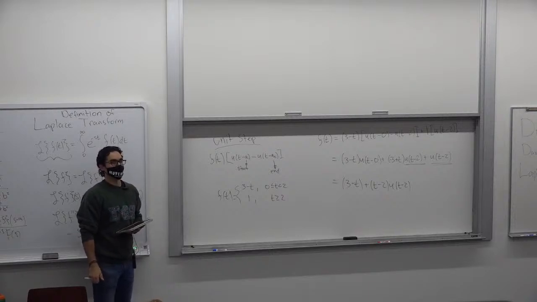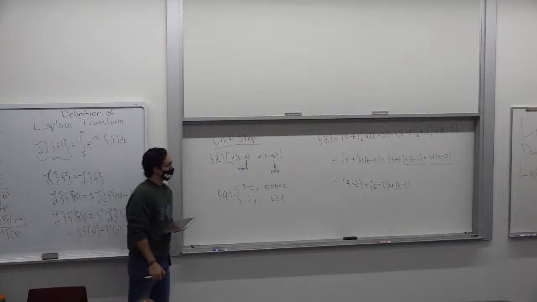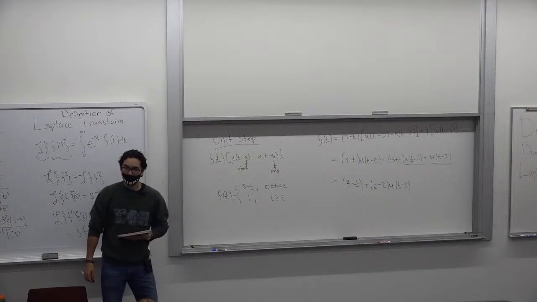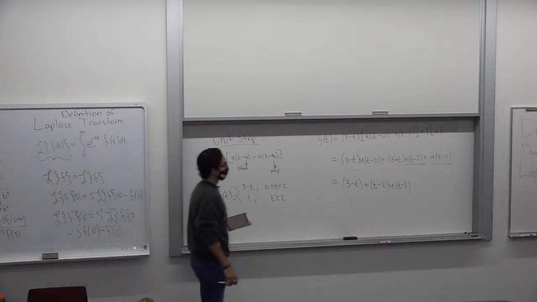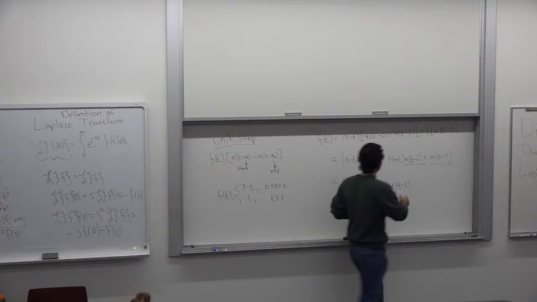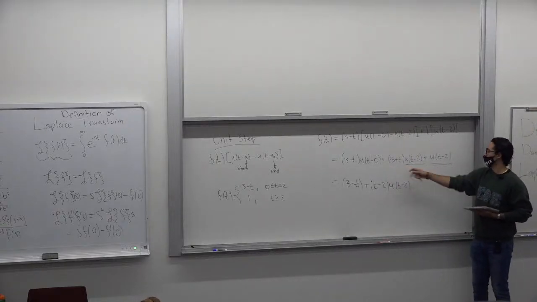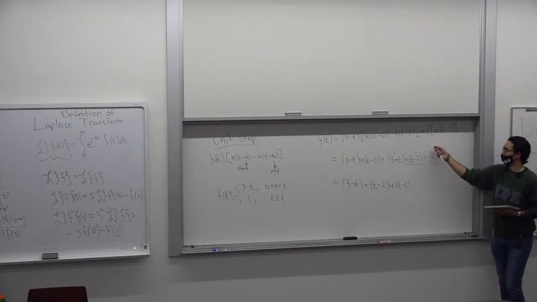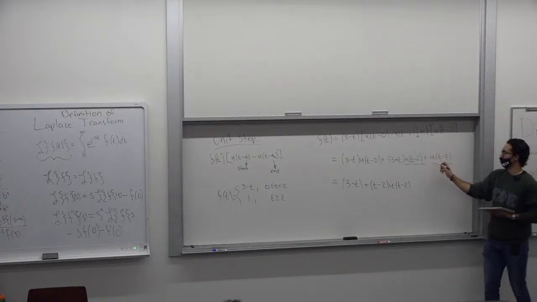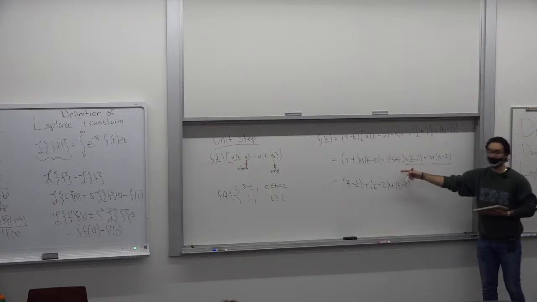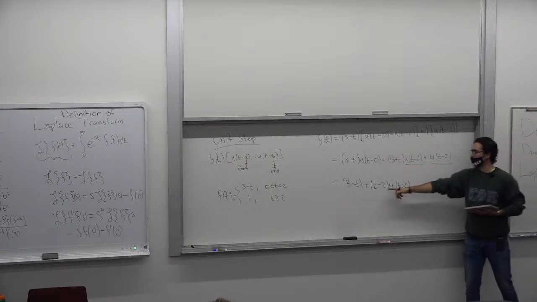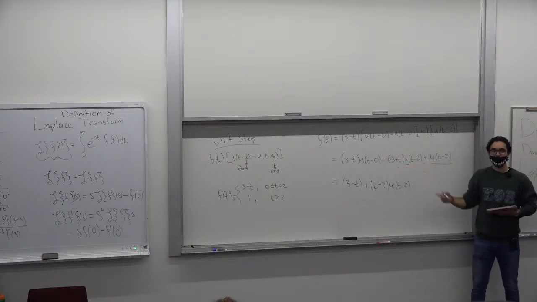Yeah? I see a few confused faces. Right, so I just multiplied by negative 1 here, so it's negative 3 plus t, and then here it's plus 1, so there's a 1 here, so negative 3 plus 1 is negative 2, and then we have a positive t here.